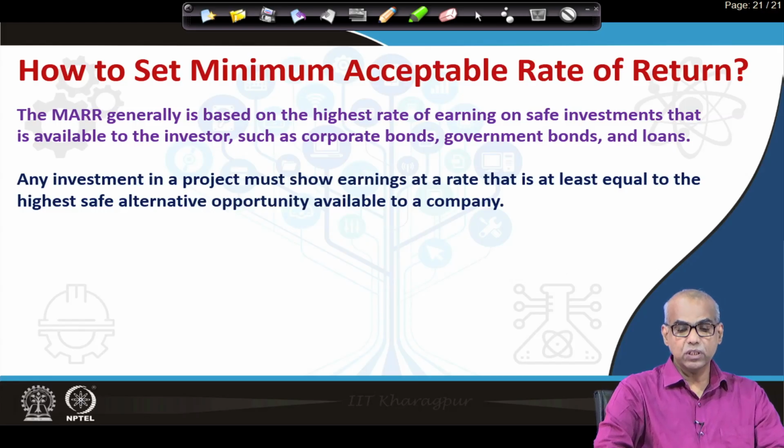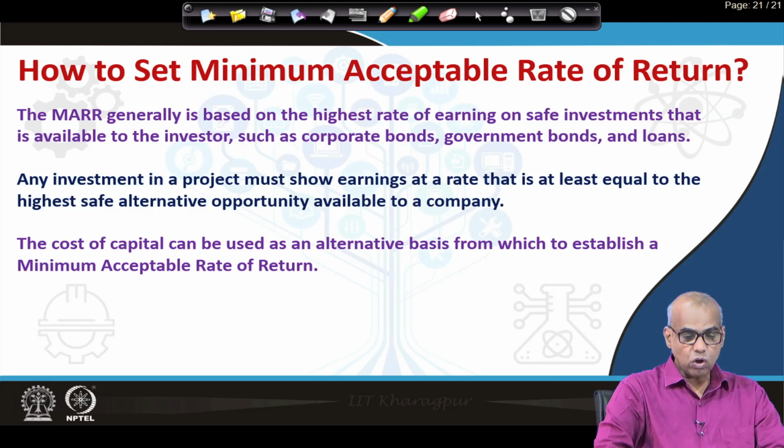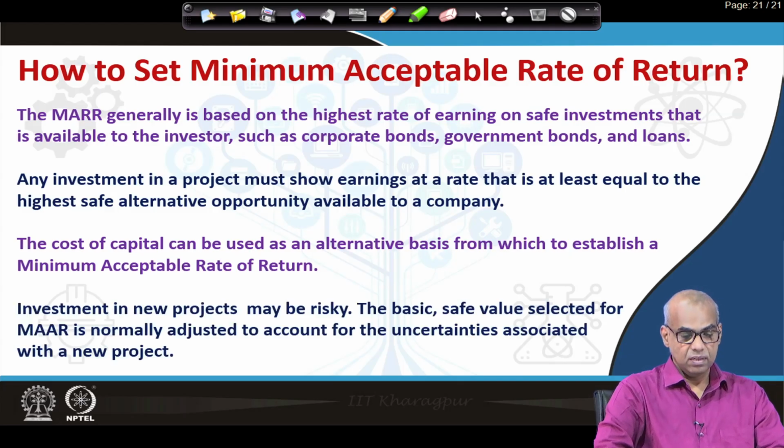Any investment in a project must show earnings at a rate that is at least equal to the highest safe alternative opportunity available to a company. Otherwise, why should company go and invest in your business proposal? The cost of capital can be used as an alternative basis from which to establish a minimum acceptable rate of return. Investment in new projects may be risky.